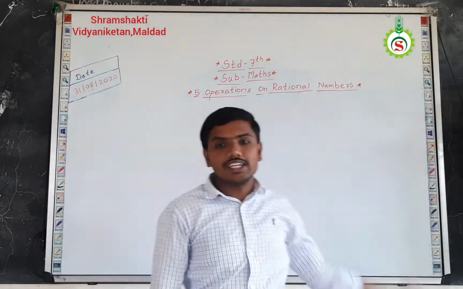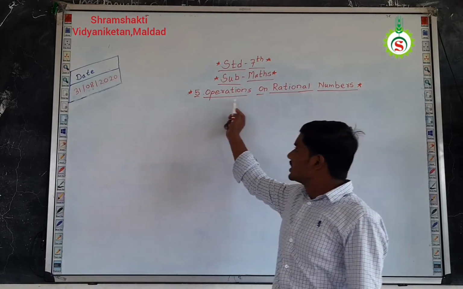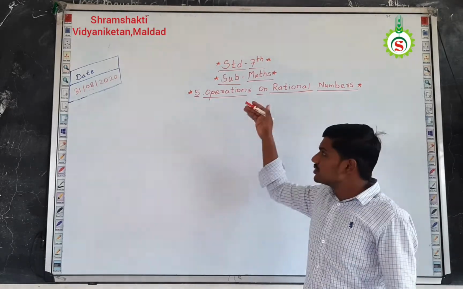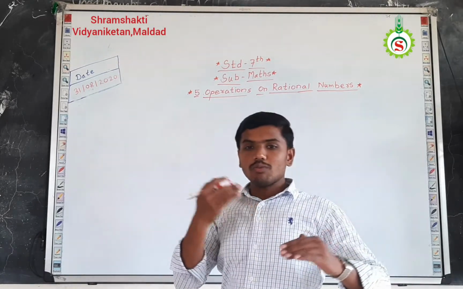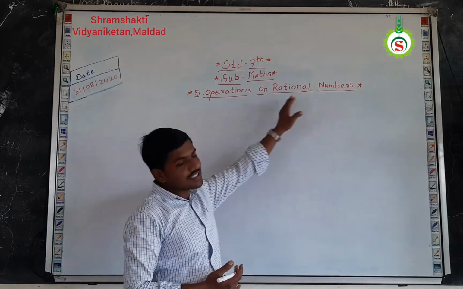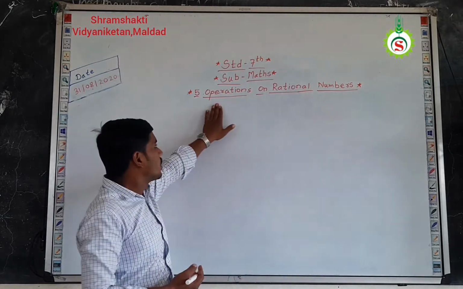Up to the last lecture, we have seen the operations on rational numbers, the different types of operations we can perform on them.